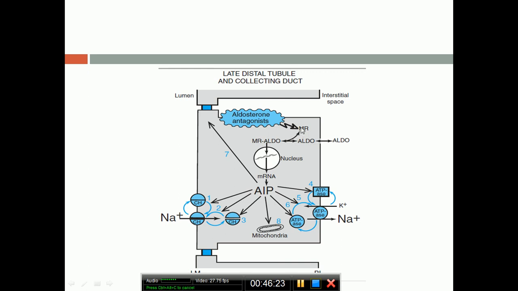Simply, they will block this receptor, so aldosterone will come inside and there won't be a receptor available for binding. So simply aldosterone will not be able to induce its messenger RNA effect, and aldosterone induced proteins will not be formed.